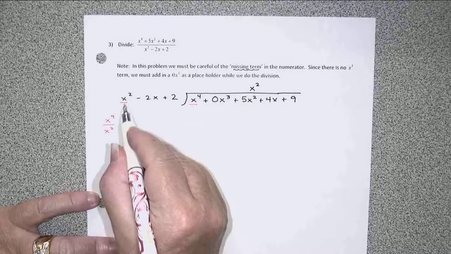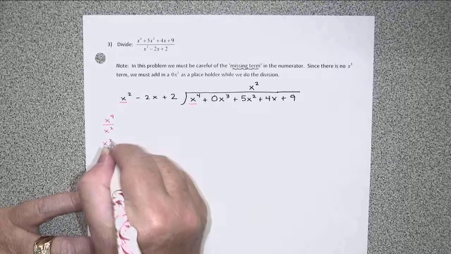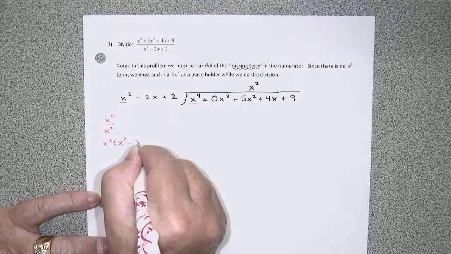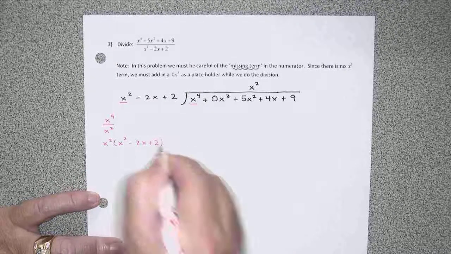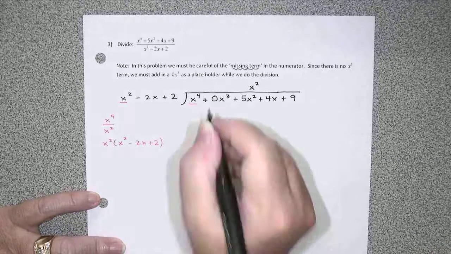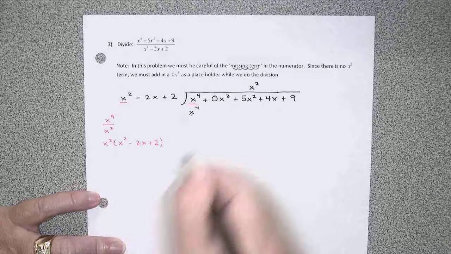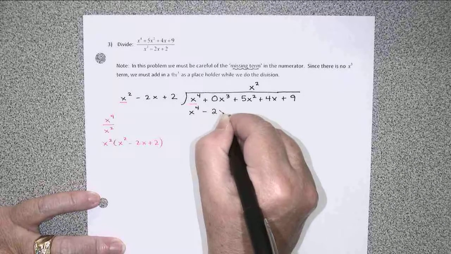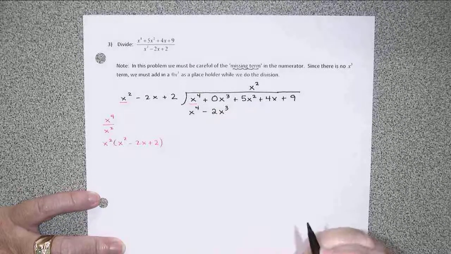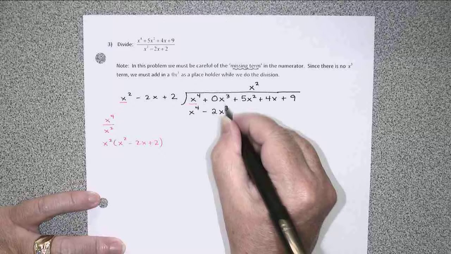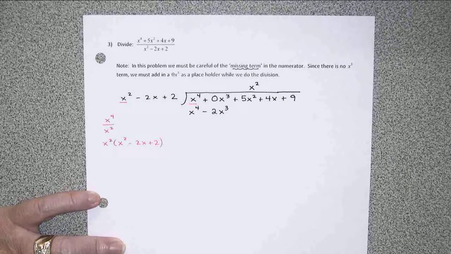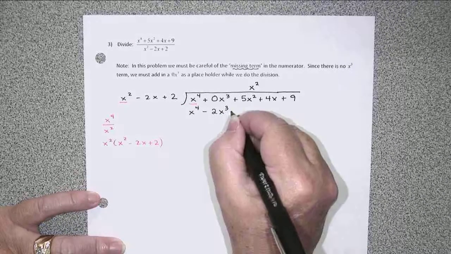And then x squared times all of that is going to give me x to the fourth minus 2x cubed. And now you can see why it was important that we put the 0x cubed in. I wanted to keep my like terms lined up. And finally, a plus 2x squared.